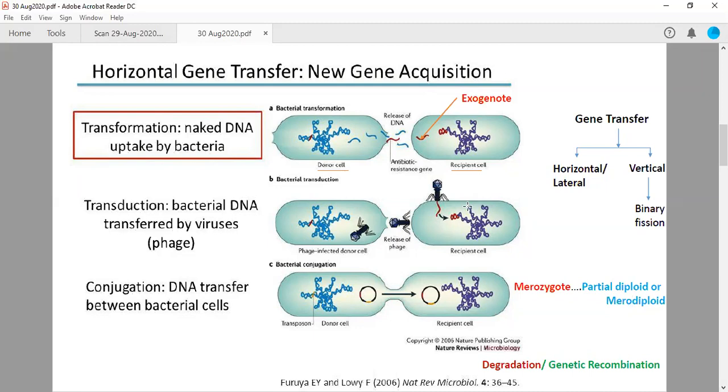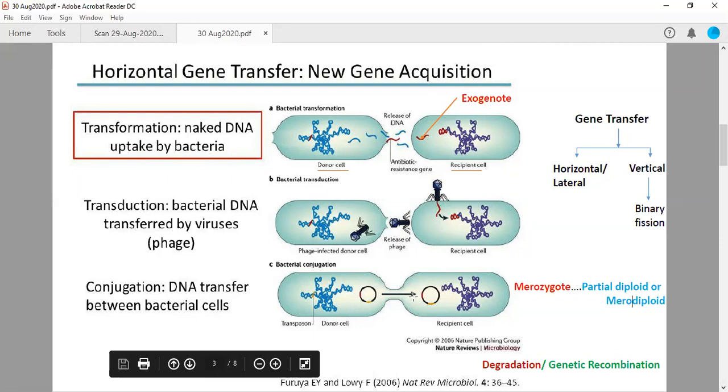Okay. The third process is conjugation, by which some genes from the chromosome can be integrated directly into the plasmid, and when this plasmid replicates and is transferred from the donor cell into the recipient cell, it can carry these genes, which are actually transposons. Transposons are jumping genes, so they can be integrated either into the plasmid or into the bacterial chromosome.